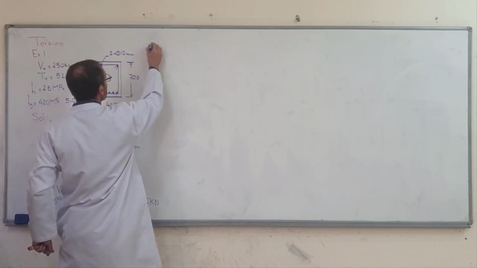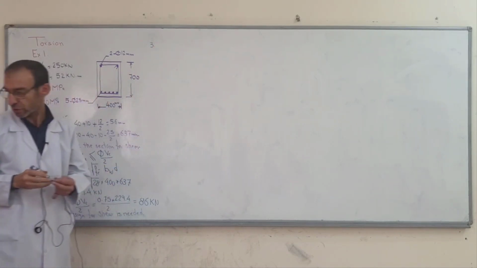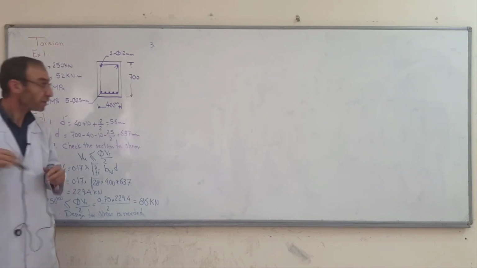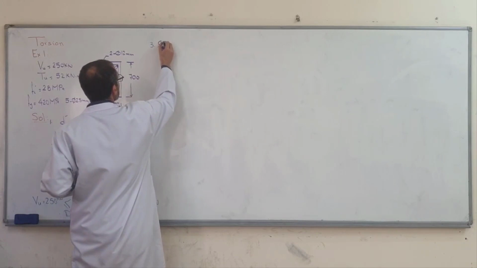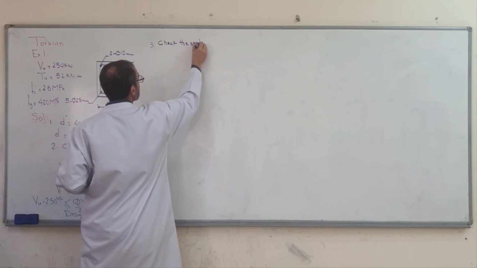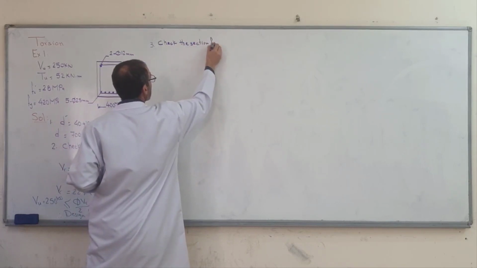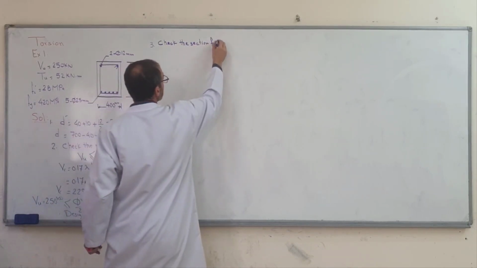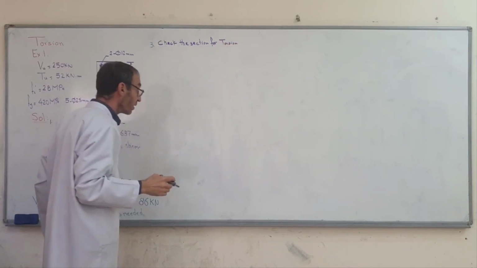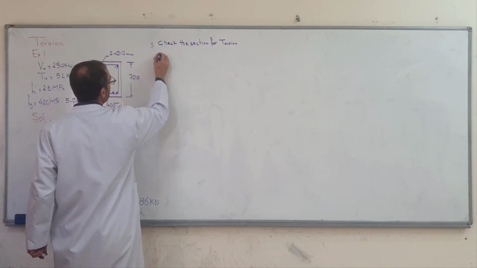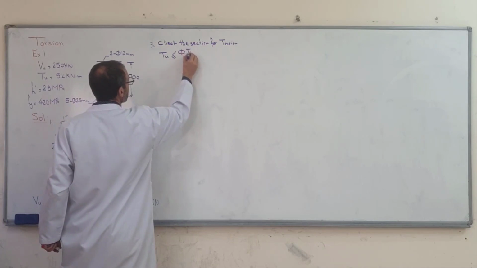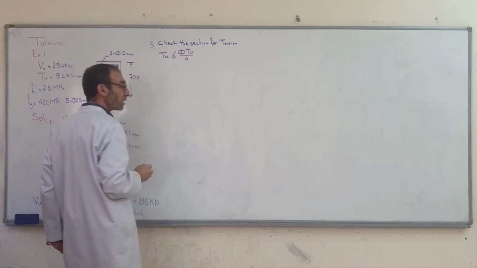Second, check the section for torsion. If T ultimate is less than or equal to phi T crack over 4, then torsion design is not required.